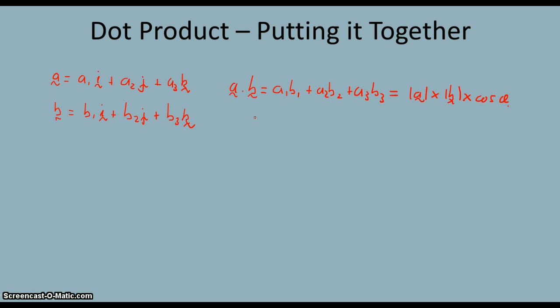This is useful because it's easy to work out the dot product given their component notation. Given their component notation we can also work out the magnitude of the vectors. So if we can work out this part and this part, we are easily able to find the cos of theta, or the cos of the angle in between, or the angle in between them. Really, these 2 versions of the dot product allow us to work out the angle in between 2 vectors.